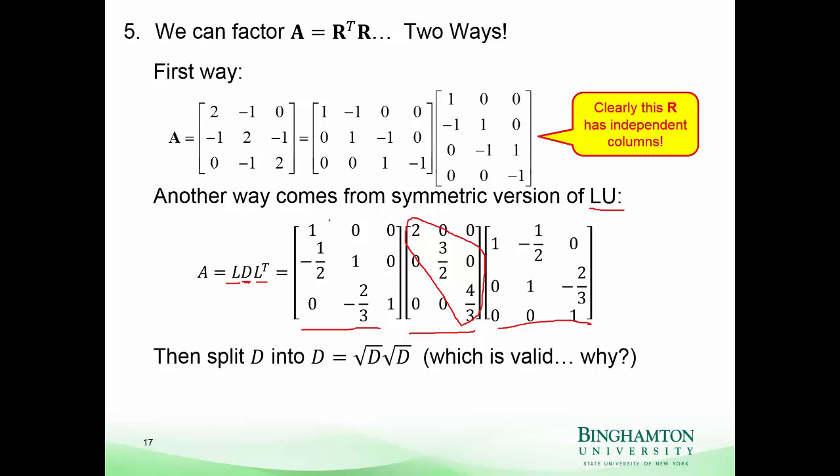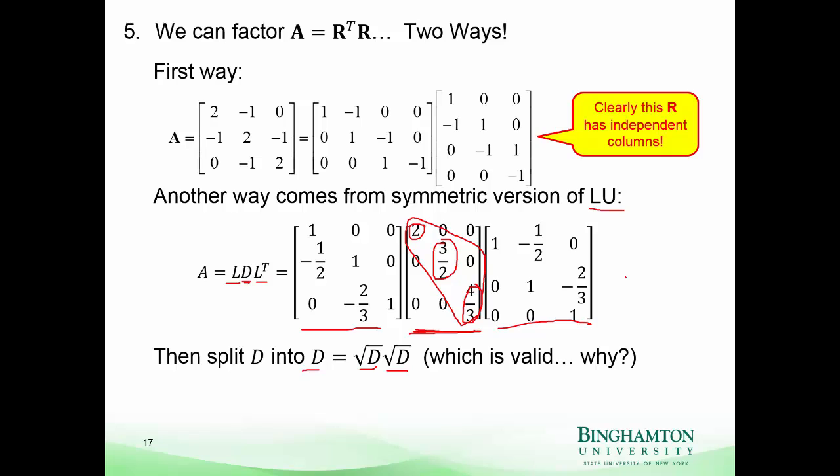And then we can split D, this middle matrix here, into something called the square root of D times the square root of D. And why can we do that? Well, all we got to do is take the square root of each of these numbers, and we can do that because none of them are negative.